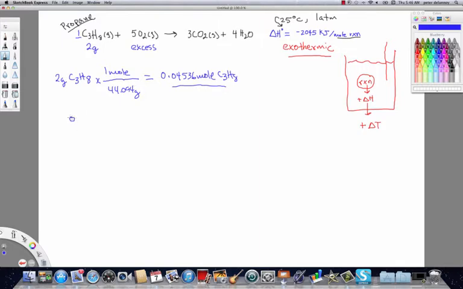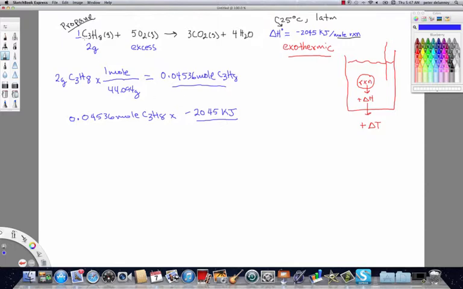So to figure out how much energy is going to be released when we burn 2 grams, we simply take the moles that we just calculated for the propane and we multiply it directly by the amount of energy, which is per mole of chemical reaction, or per mole of balanced equation.